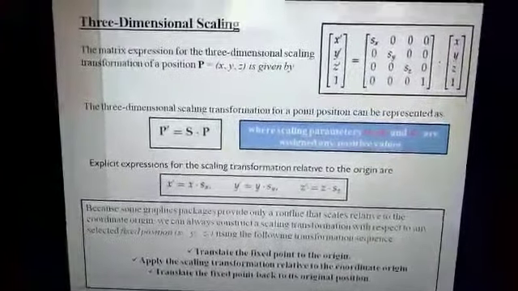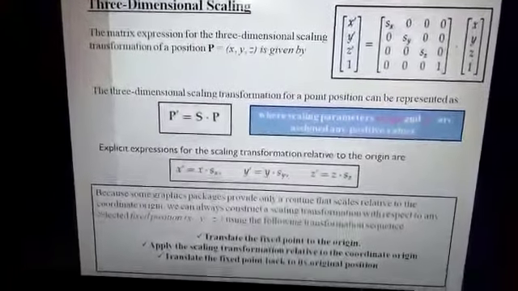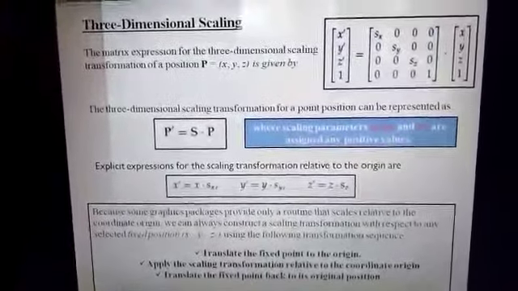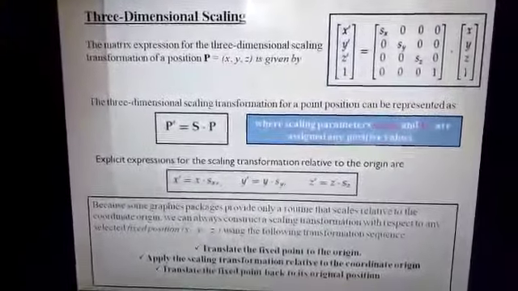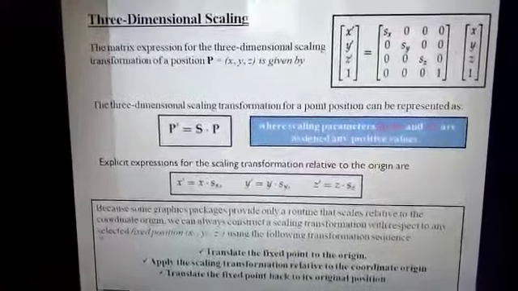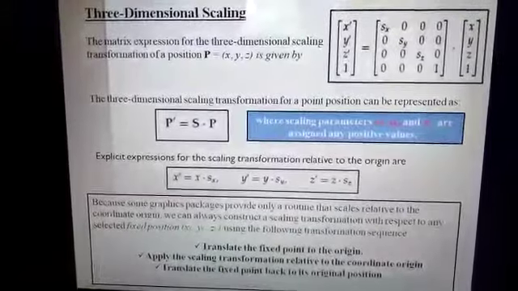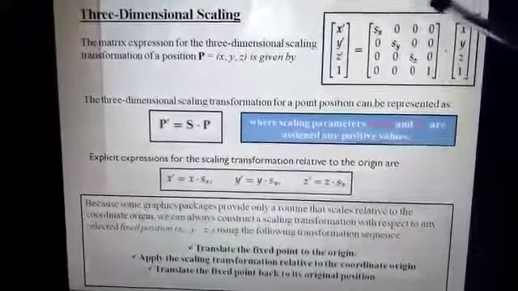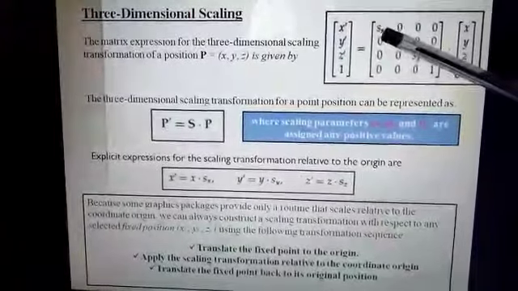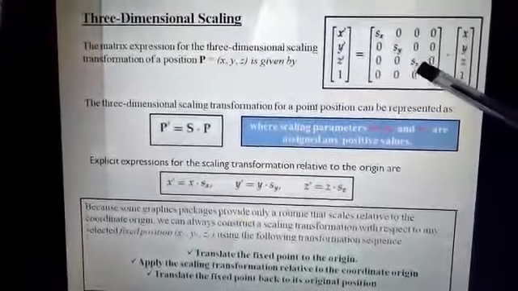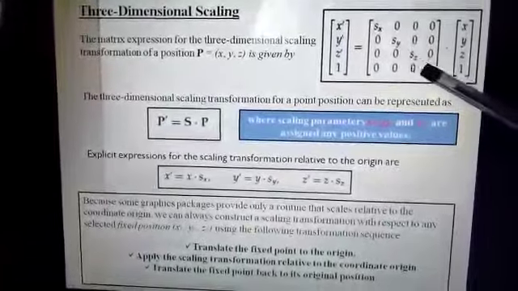Moving on to the next transformation, that is 3D scaling. As we know, in scaling we can reduce the size or increase the size of a particular object, where the matrix representation with respect to x, y, z is given here, with Sx scaling the x coordinate, Sy scaling the y coordinate, and Sz scaling the z coordinate.